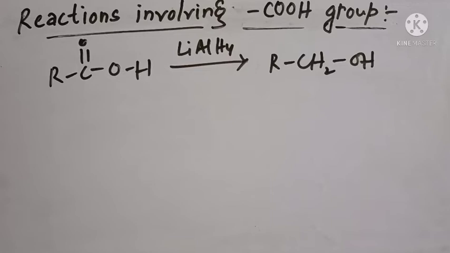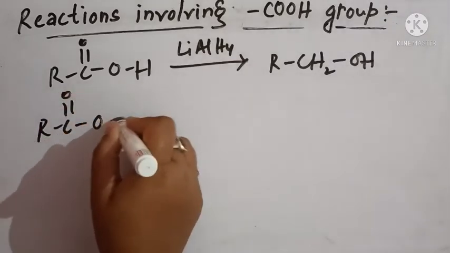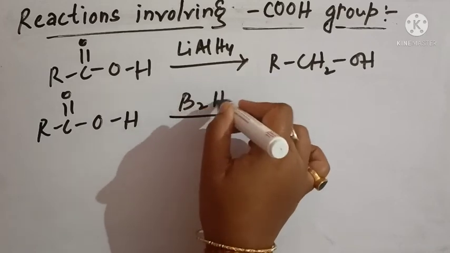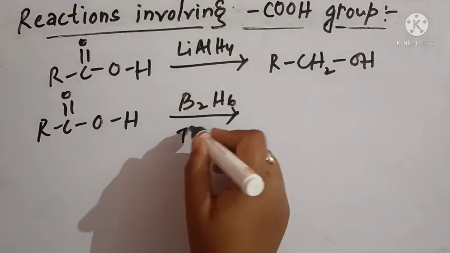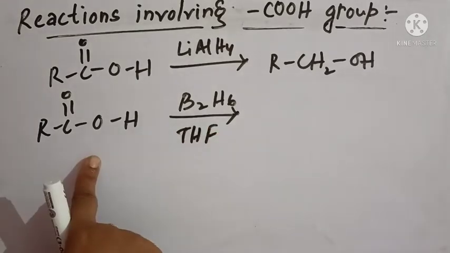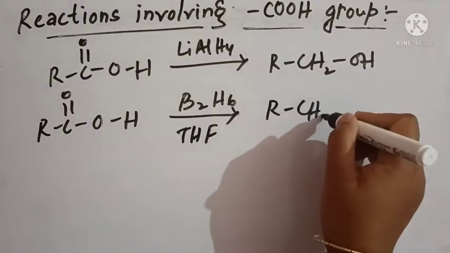Diborane, B2H6 in presence of tetrahydrofuran as a solvent, will also reduce the carboxylic acid to give the corresponding primary alcohol.